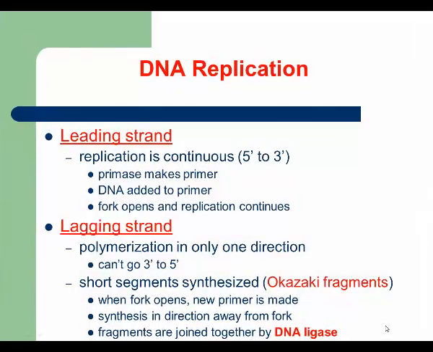And then after all Okazaki fragments are made, one more enzyme called DNA ligase, it is on the bottom of this slide, will connect all Okazaki fragments into one solid strand.